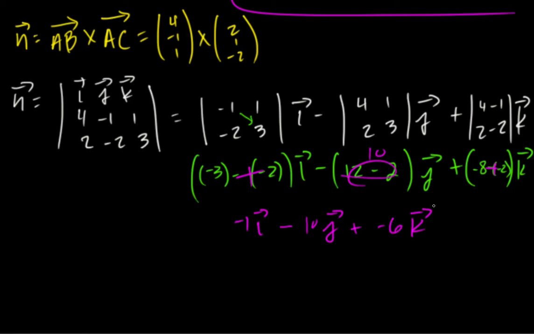So we can use this vector, or if we want to take out, because this vector would be negative 1, negative 10, negative 6, written in component form.